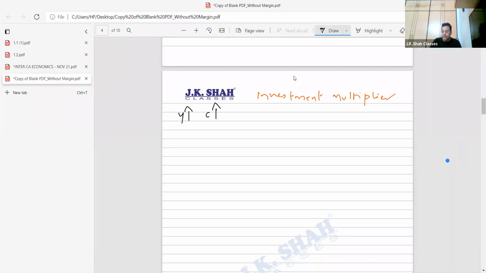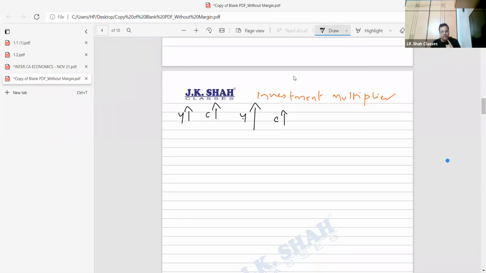Shalini, right? When income increases, consumption increases. Second, when income continues to increase beyond a particular point, consumption does not increase. Why? Because most of your wants are satisfied. Then you start saving.